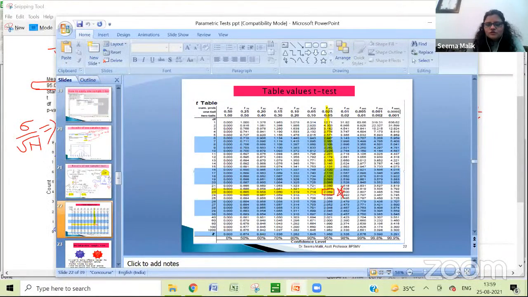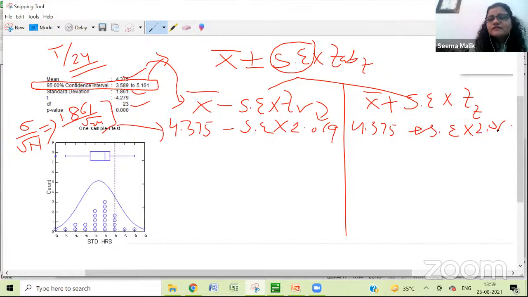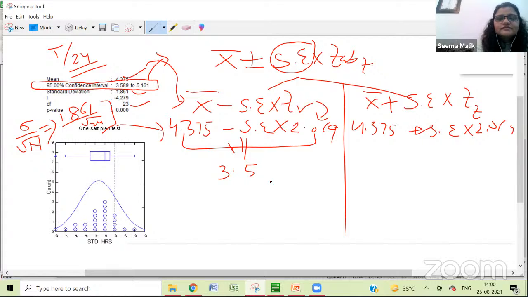So what I'm going to do is make the calculation with 2.069. And the same here: 4.375 plus the standard error times 2.069.